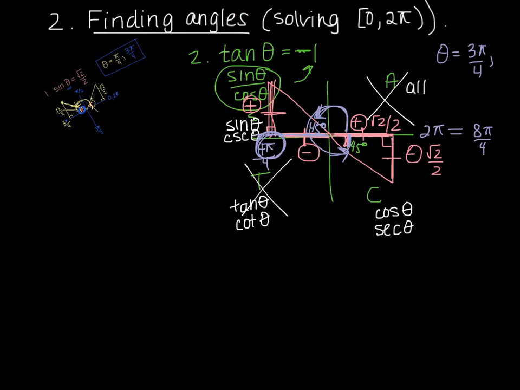That is 7 pi over 4. I could have just said negative pi over 4 as well, because that means start at the positive x-axis and rotate down. But we typically talk about our domain solving between 0 and 2 pi, so I have to give the positive value. Just make sure you check your domain before you start.